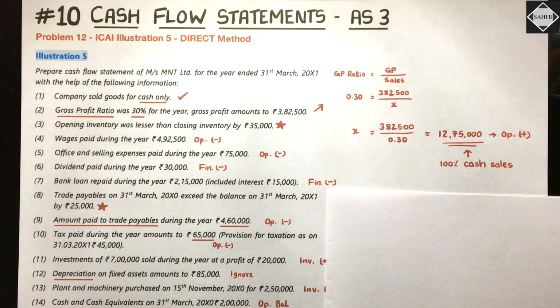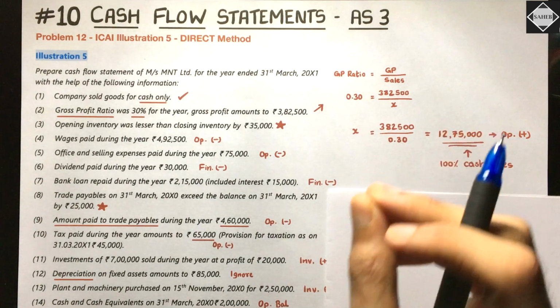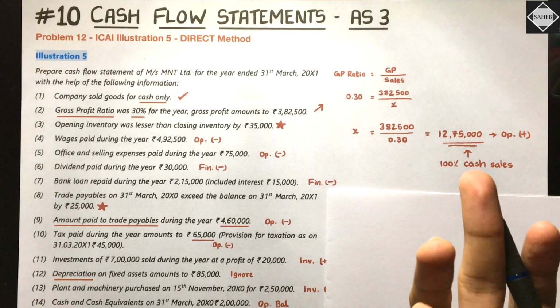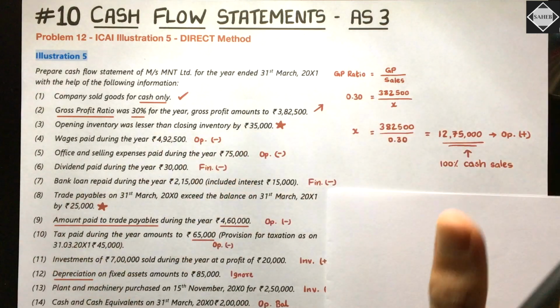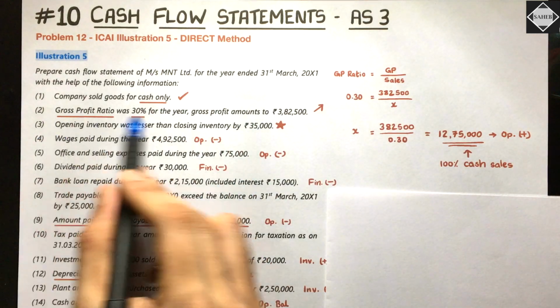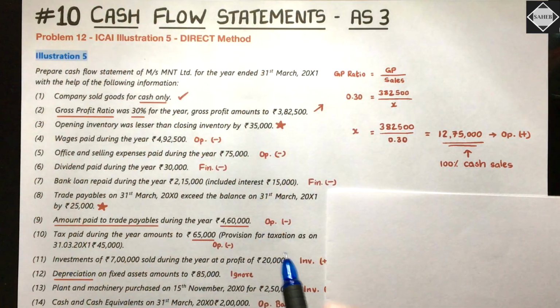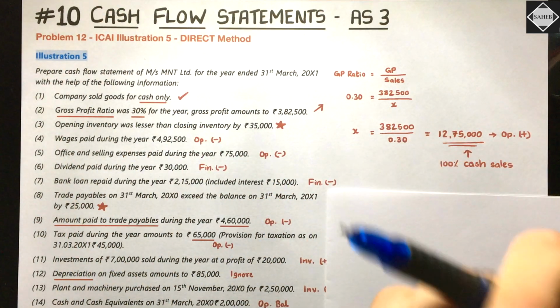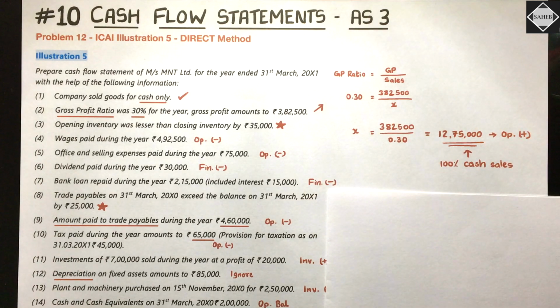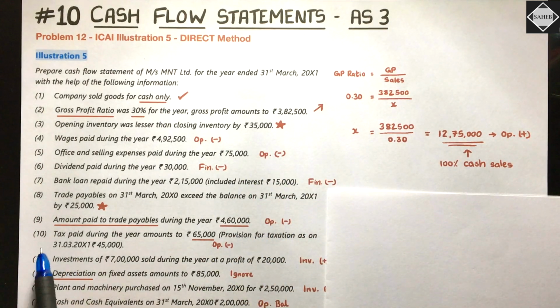I told you in the conceptual video, whenever the question is silent regarding cash purchases, what do we do? We assume there are no cash purchases. Okay. Regarding sales, they have said something, so that's fine. But regarding purchase, the question is silent. So we can assume purchase is completely on credit. But we'll understand the logic by doing the adjustment and everything. Don't worry.